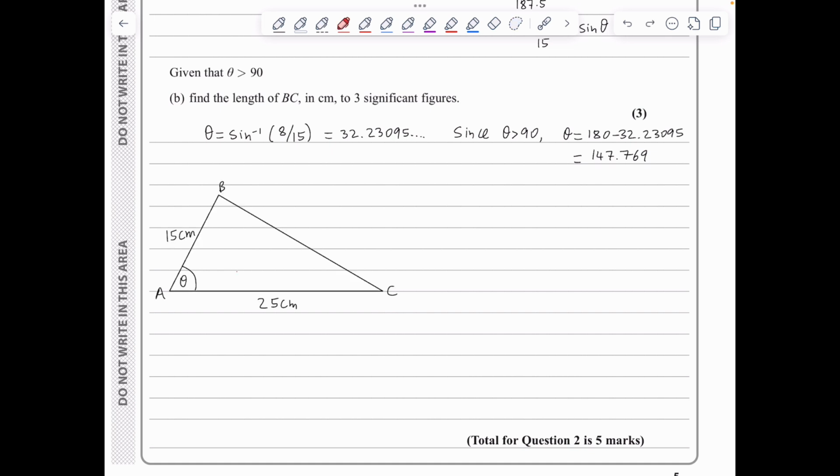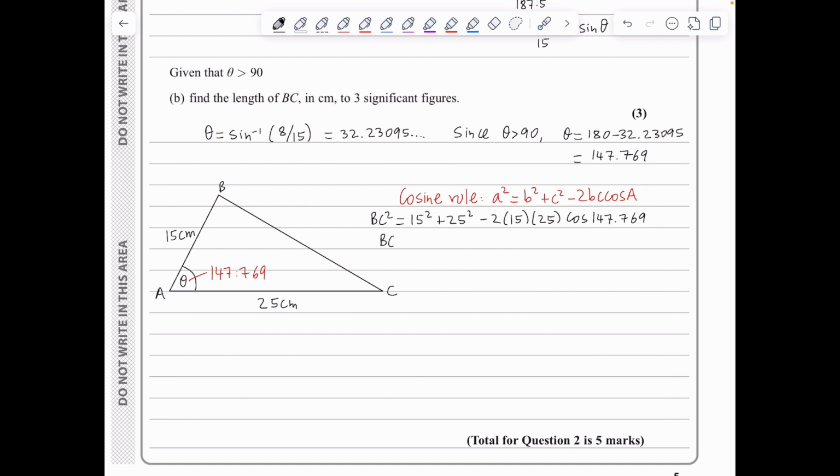And therefore, we can go back to the triangle. We can add the information which was found. This is 147.769. We're trying to find BC, so the idea is to use the cosine rule because we've got the two sides here and the included angle. Now recall that the cosine rule says that a squared is b squared plus c squared minus 2bc cos A. So in our case, we've got BC squared is 15 squared plus 25 squared minus 2 times 15 times 25 times the cosine of 147.769.